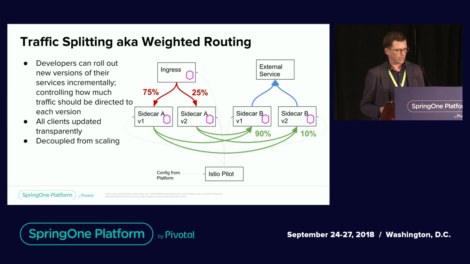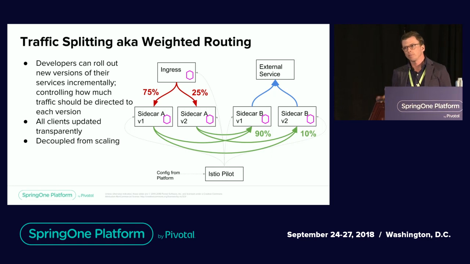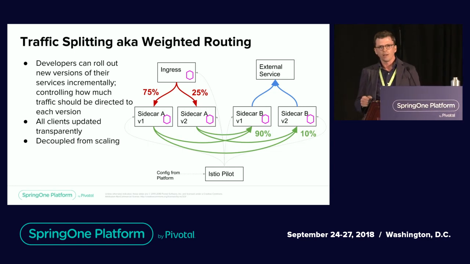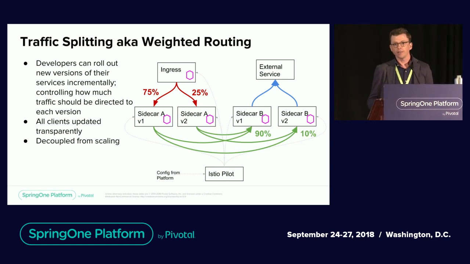And I say all clients because I think this is a demonstration of the real power of a service mesh, is that a policy can be applied in the context of a given service, but enforced for all clients of the service. In this example here, the author of service A, represented by sidecar A, has decided that 25% of traffic should go to their new version.